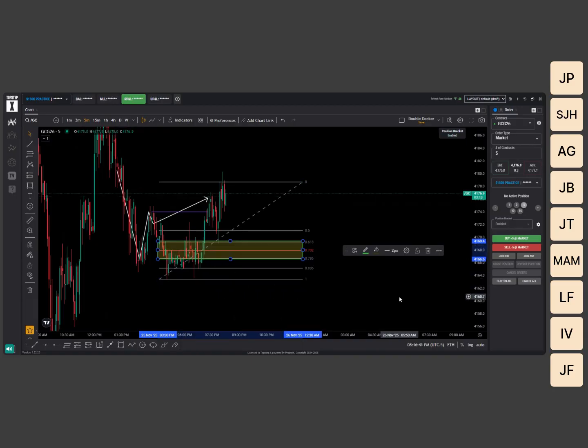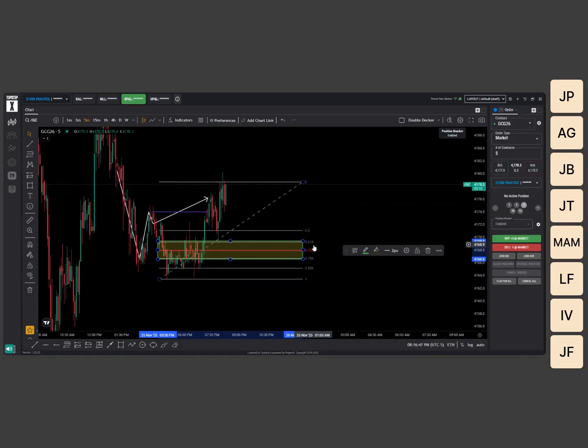Now, for your entry, your pending order, technically speaking, the price is 0.62 and 0.79. But if you see our fib, it's 0.618, which if you round up is 0.62. And then 0.79 is 0.786.